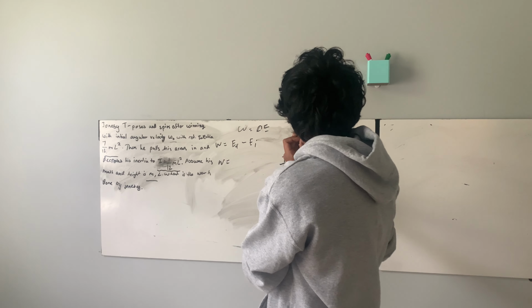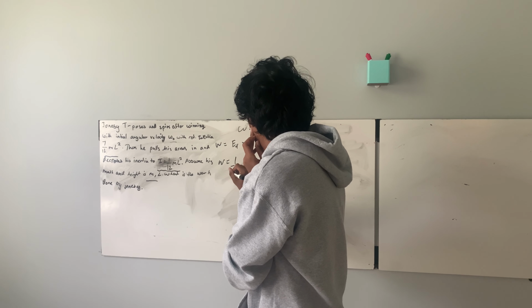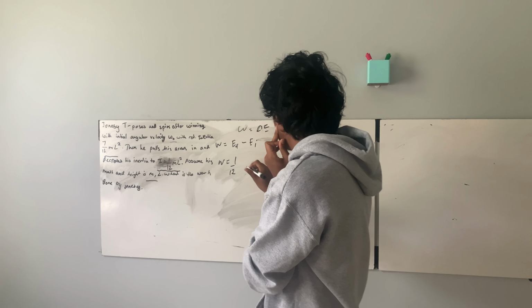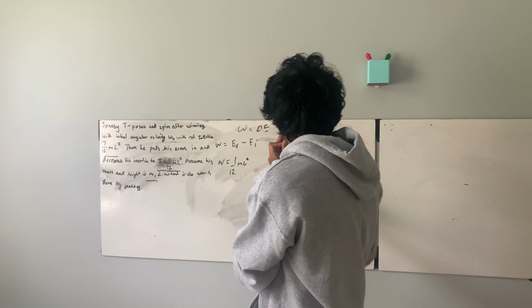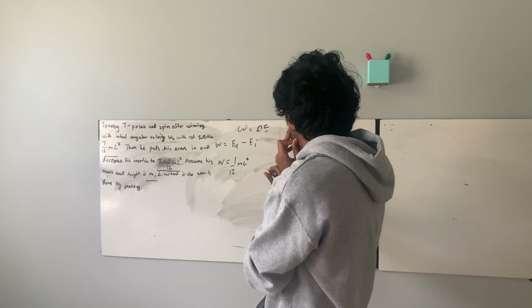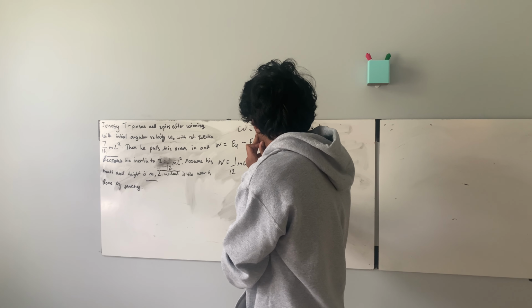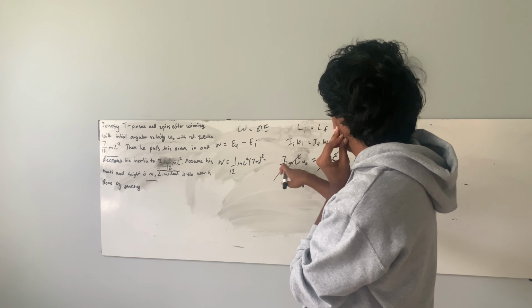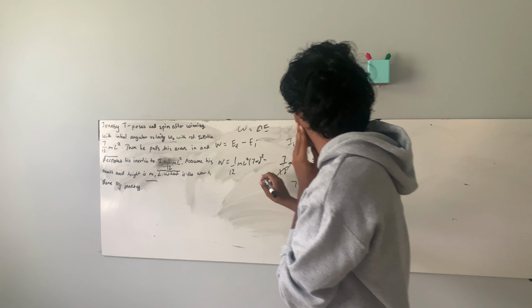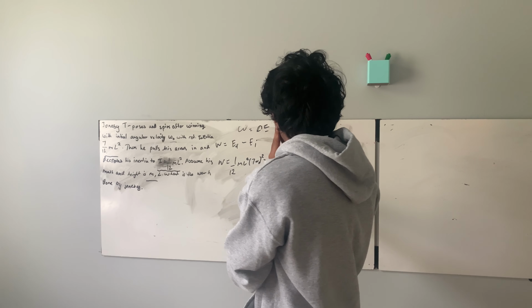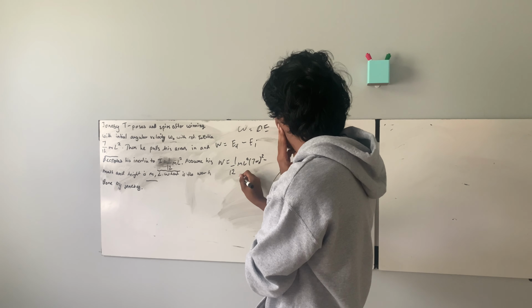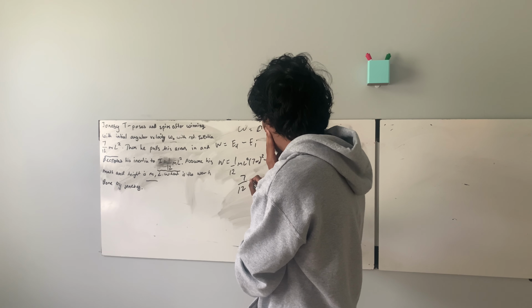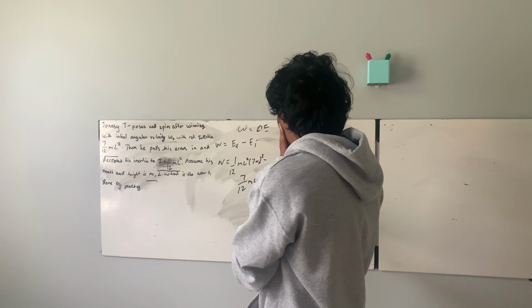So that's going to be 1/2 times 1/12 ml squared times 7 omega naught squared, minus this inertia, getting confused, sorry, 7/12 ml squared omega naught squared.